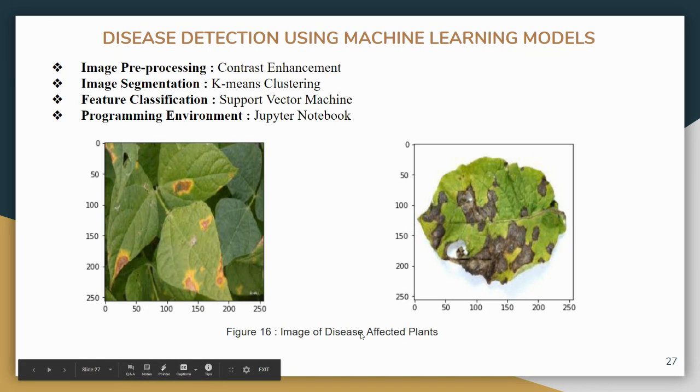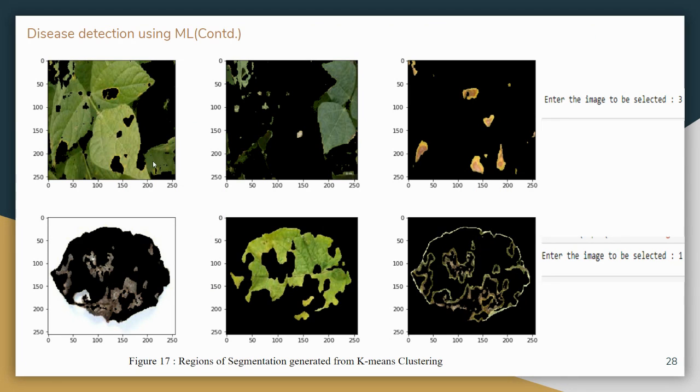These are the two different images which contain a disease affected part as well as some healthy part, which is then segmented using the k-means clustering. For this programming environment, we have used Jupyter Notebook. After that, we have seen that performing k-means clustering divides both the images into three different regions of interest.